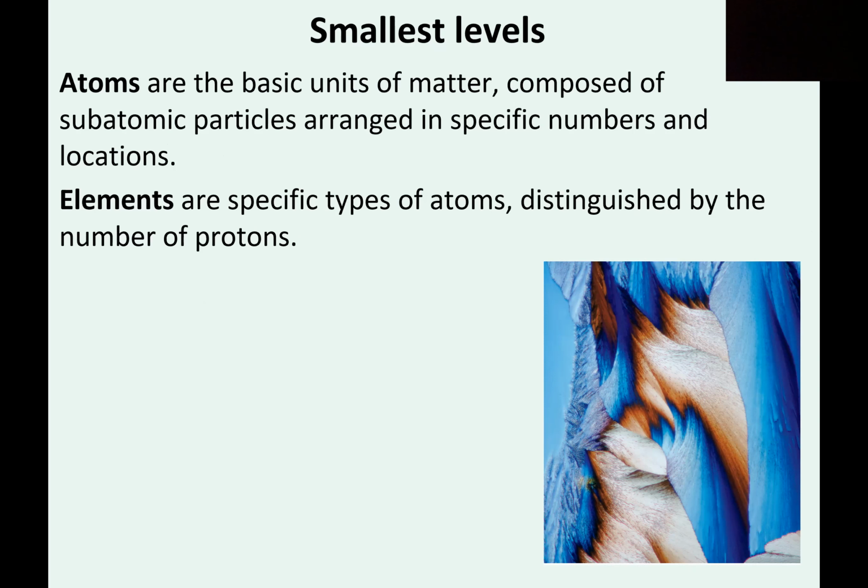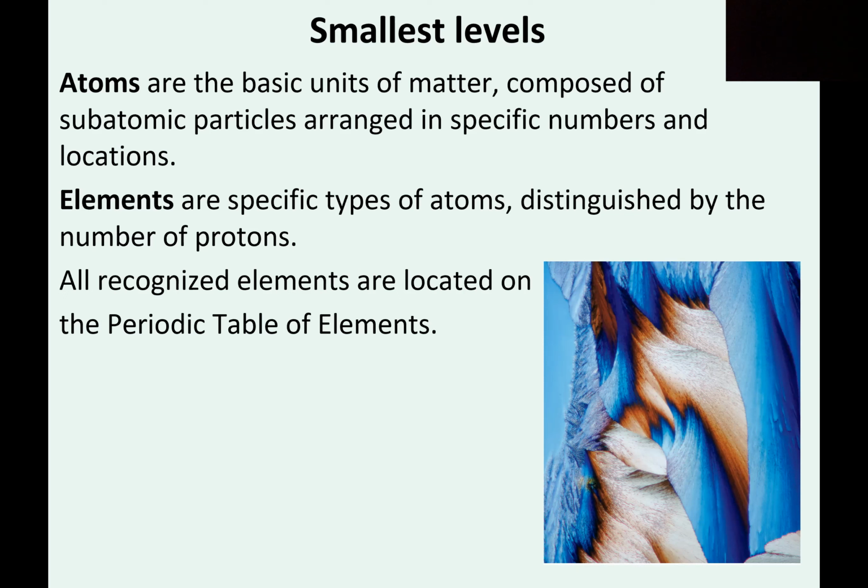Elements are specific types of atoms. They're distinguished by the type, or the number of protons. So if you change the number of protons, you change the element that you're dealing with. The known elements are all found on the periodic table of elements.